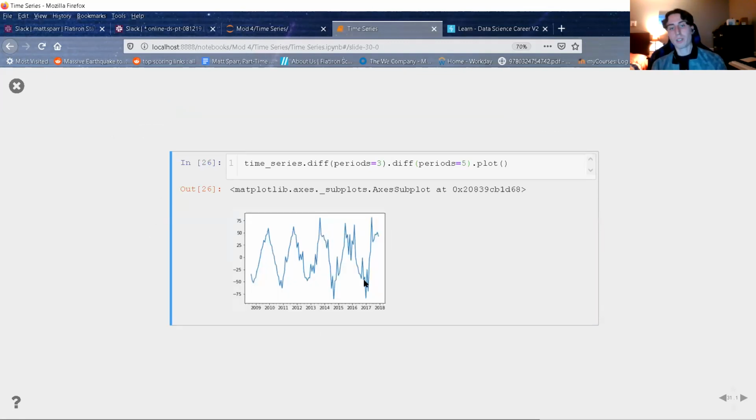And now what about this? Do we think this is stationary enough? Yes? No? I feel like it can be better. Probably could be better.